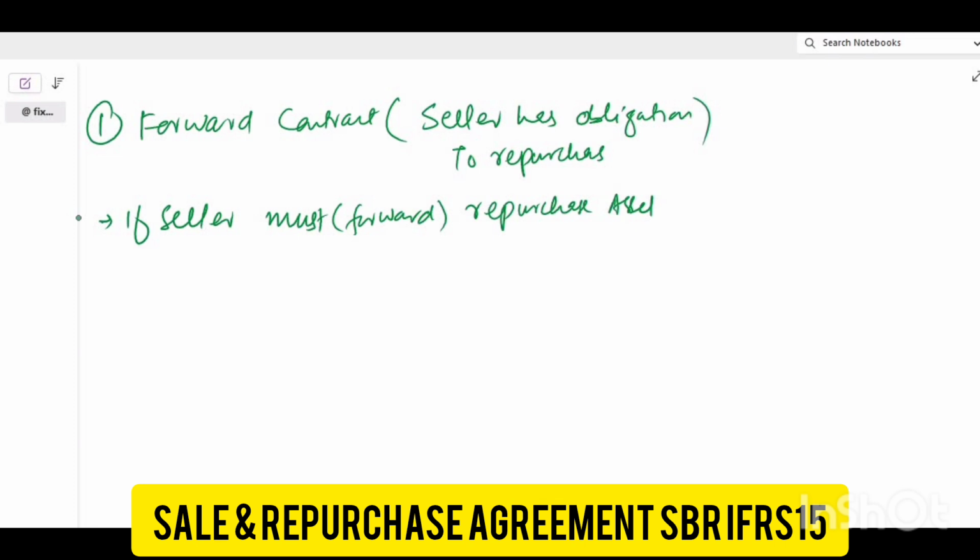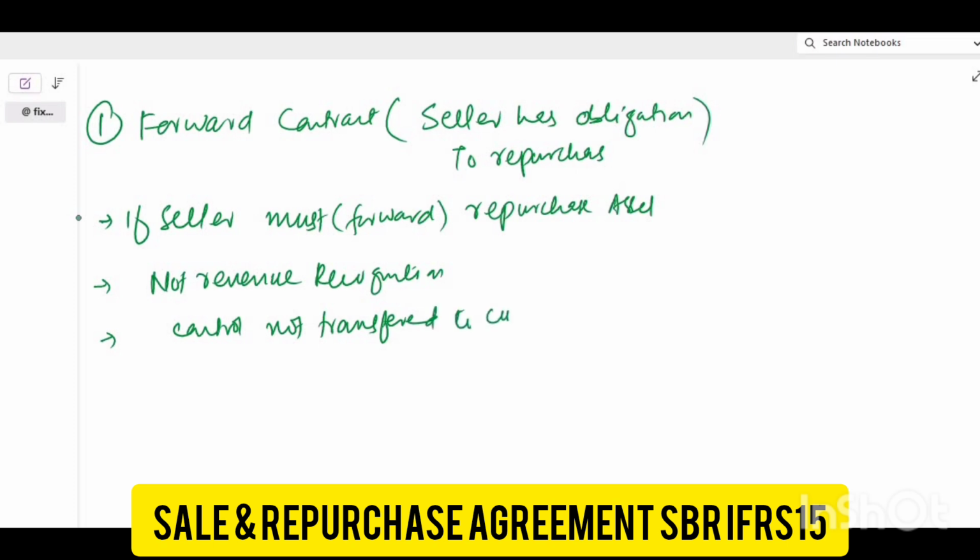Then what you will do is not recognize revenue, and the reason is that control has not transferred to the customer. When the control is not transferred, you do not recognize the revenue, and this is called a forward contract.